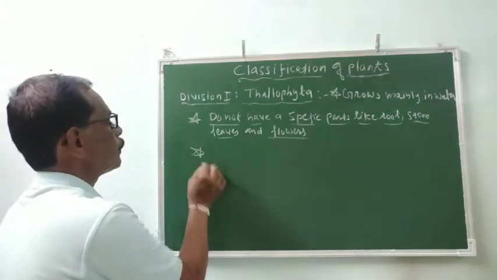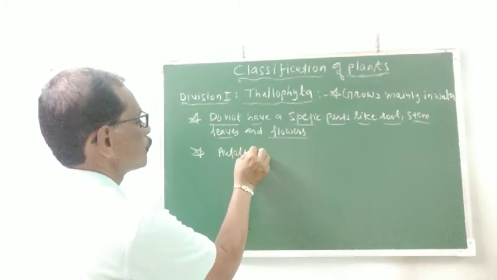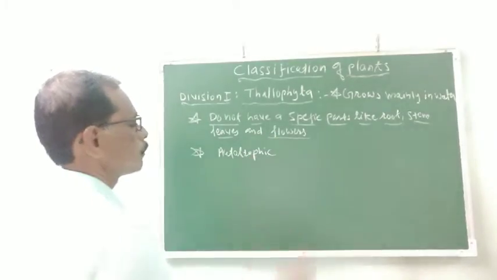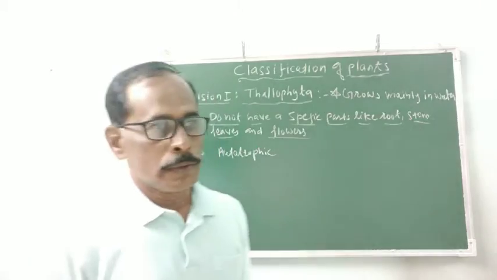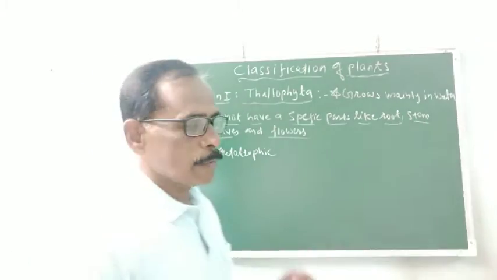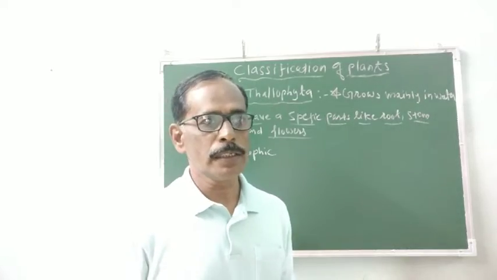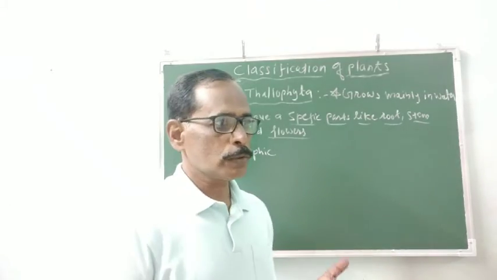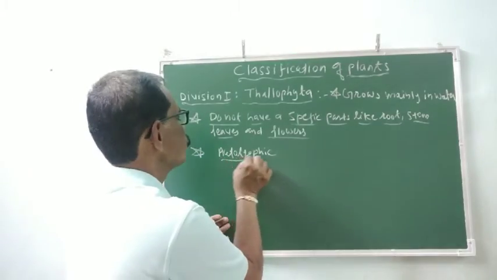They are autotrophic. Due to the presence of chlorophyll pigment in the cell, they produce their own food through the process of photosynthesis.